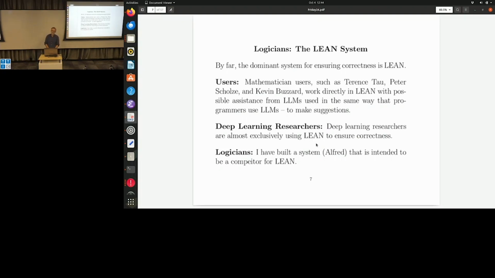So I talked about this Lean system. Okay, so where do I fit into this? I have built this system I'm calling Alfred. There's a programming language called Haskell, and Haskell is named for Haskell Curry, who's a logician. So I'm naming my system Alfred after Alfred Tarski.